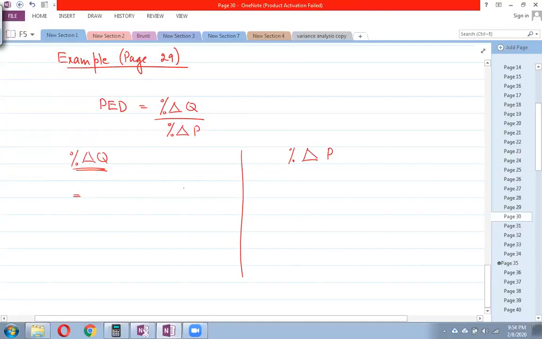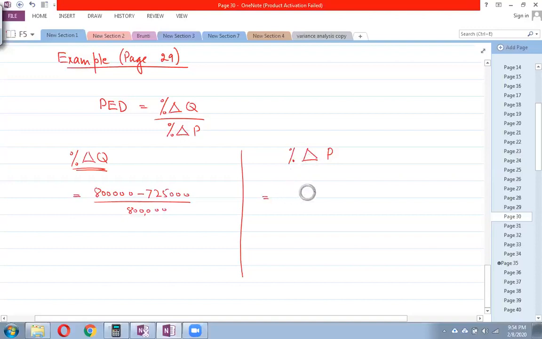Now we know that the original figure is 800,000 and the second figure is 725,000. So we can say 800,000 minus 725,000 divided by 800,000.